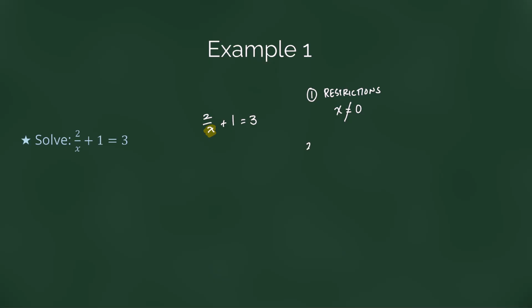Now we're going to figure out our LCD. Once again, we only have one denominator. That automatically makes that denominator the LCD. We're now going to multiply through. Just like for linear equations, we have to remember that we are going to multiply every term by our LCD.